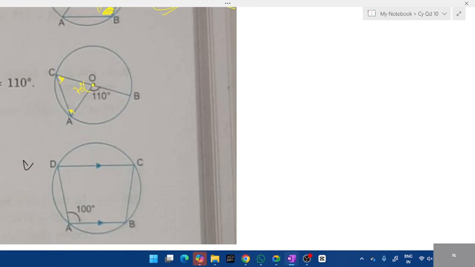What kind of triangle is that? Isosceles. AO is equal to OC. Therefore, angle A and angle C are equal. 180 minus 70 is 110. 110 divided by 2, what do you get? 55 degrees. Or we could even use the exterior angle concept.